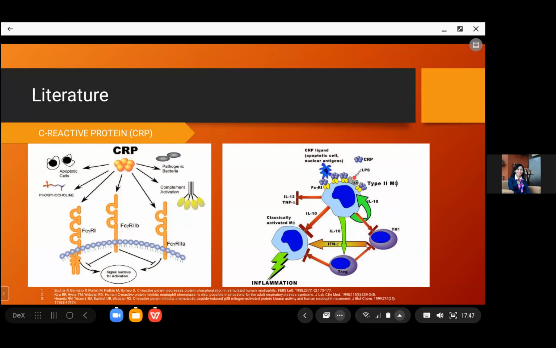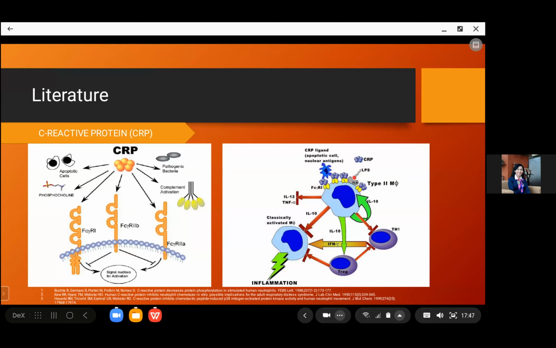The prototypical ligand of CRP is PC, which is present on some bacterial cells and damaged cell membranes, and CRP binding activates complement and opsonizes them for phagocytosis. It also binds to FcGR1 and FcGR2 on the surface of leukocytes.